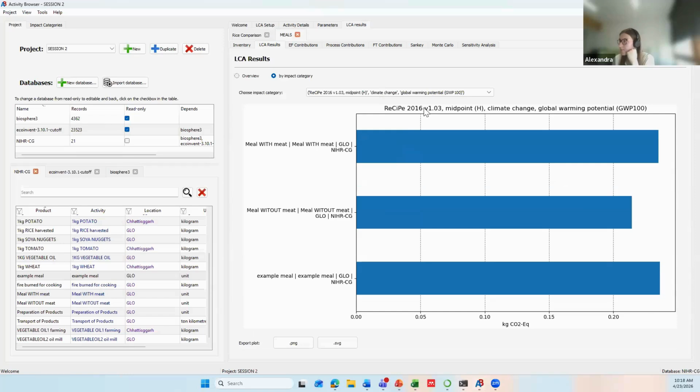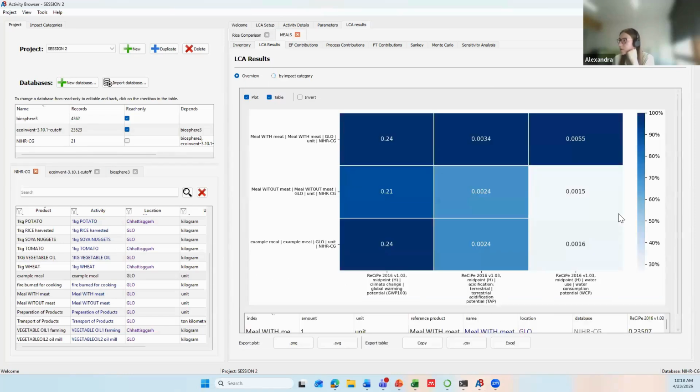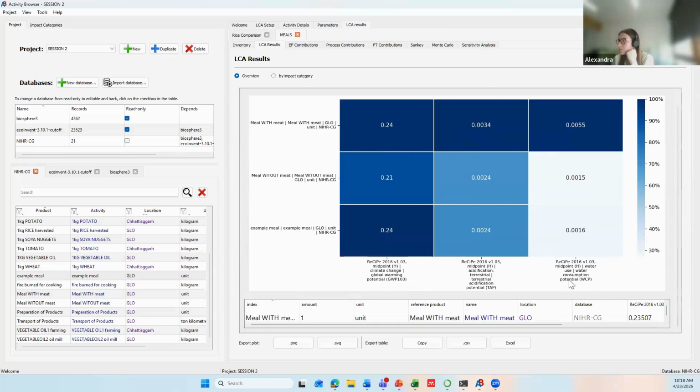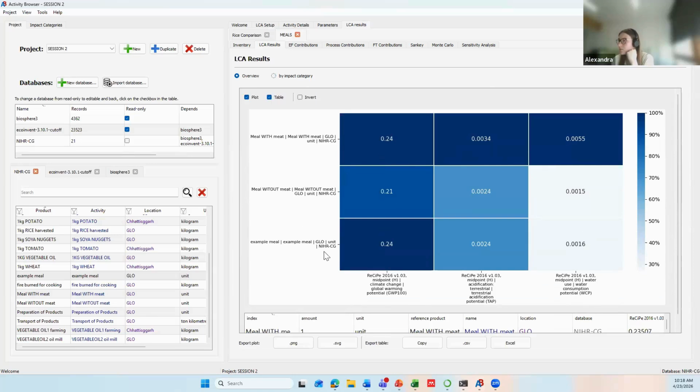As we can see, the example meal, let's just do the overview so we can see better. The example meal has slightly larger impact than the other meal without meat. This is because we've included oil, but still significantly lower than the one with meat.